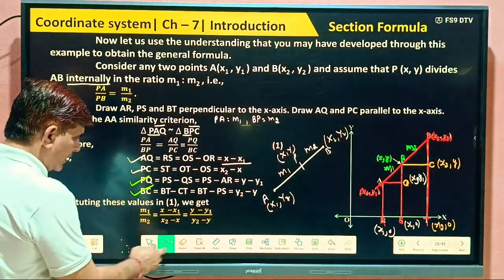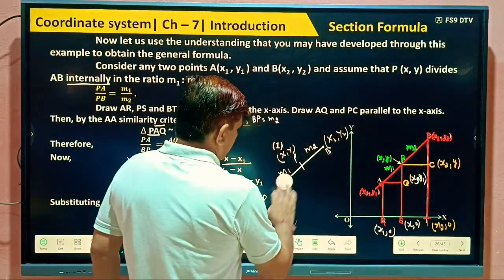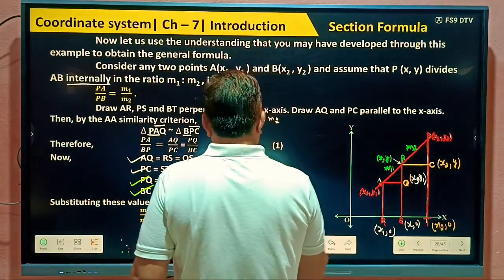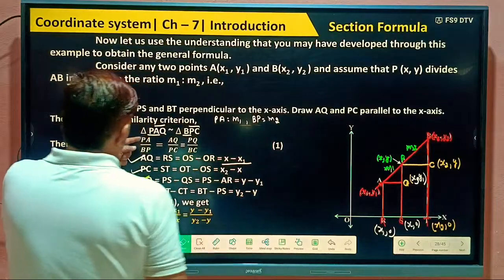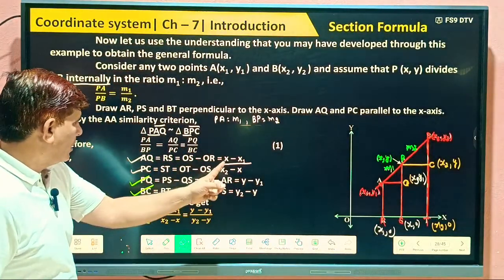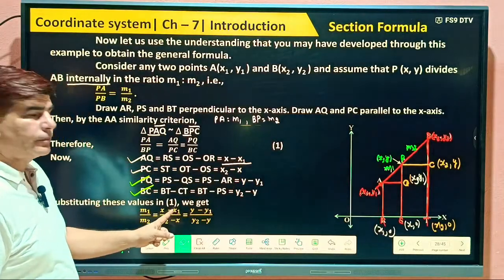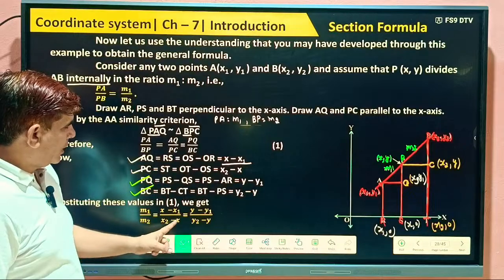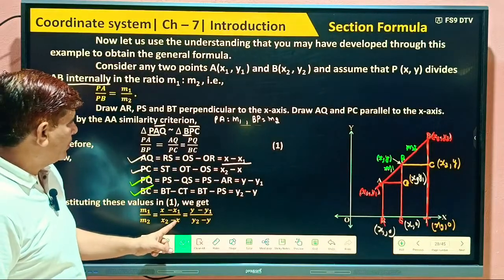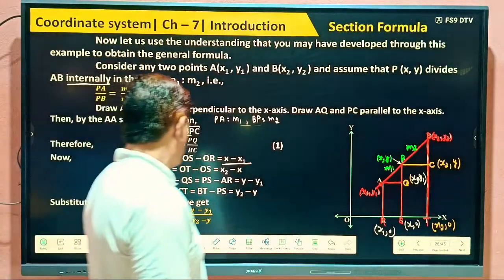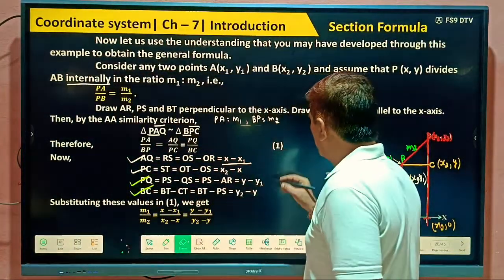So it becomes m1 by m2 equals AQ, x minus x1, by PC, x2 minus x. So we can take this first, and the next one later on.